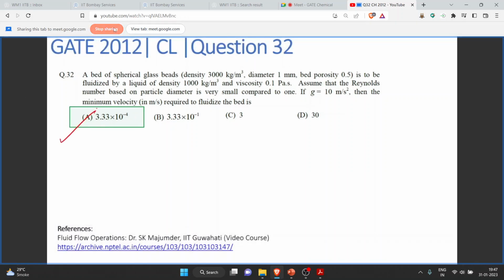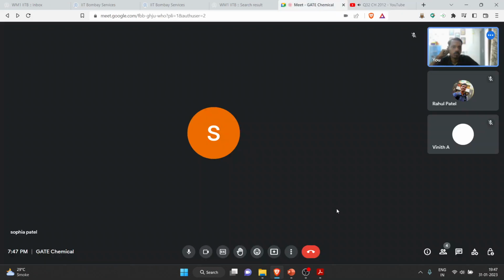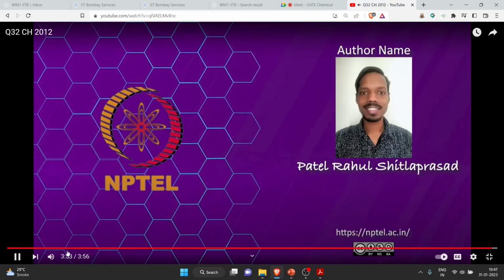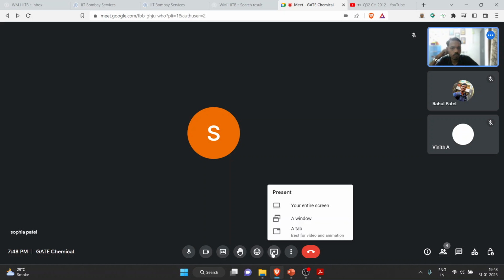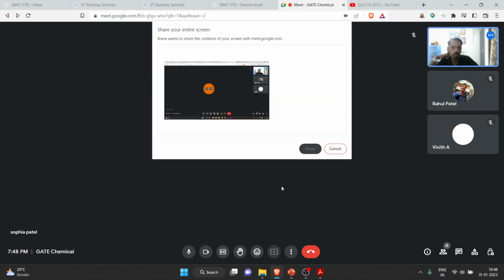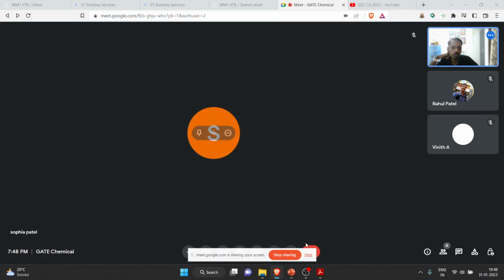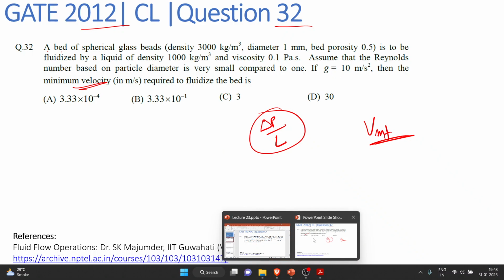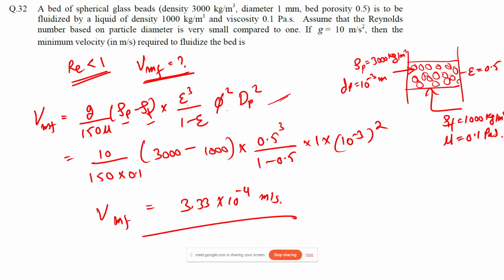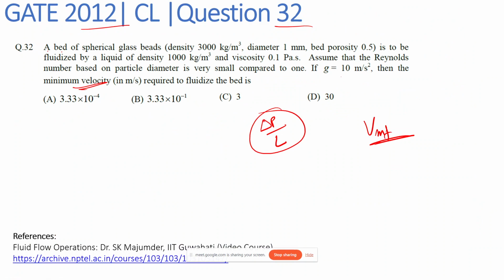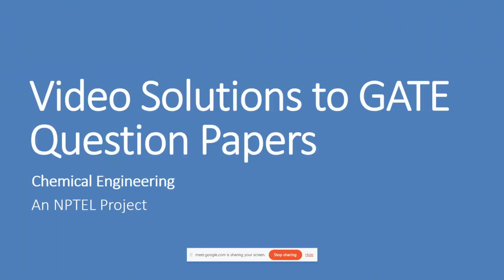That is option A. So in this question, we calculated the minimum fluidization velocity required to fluidize the bed.